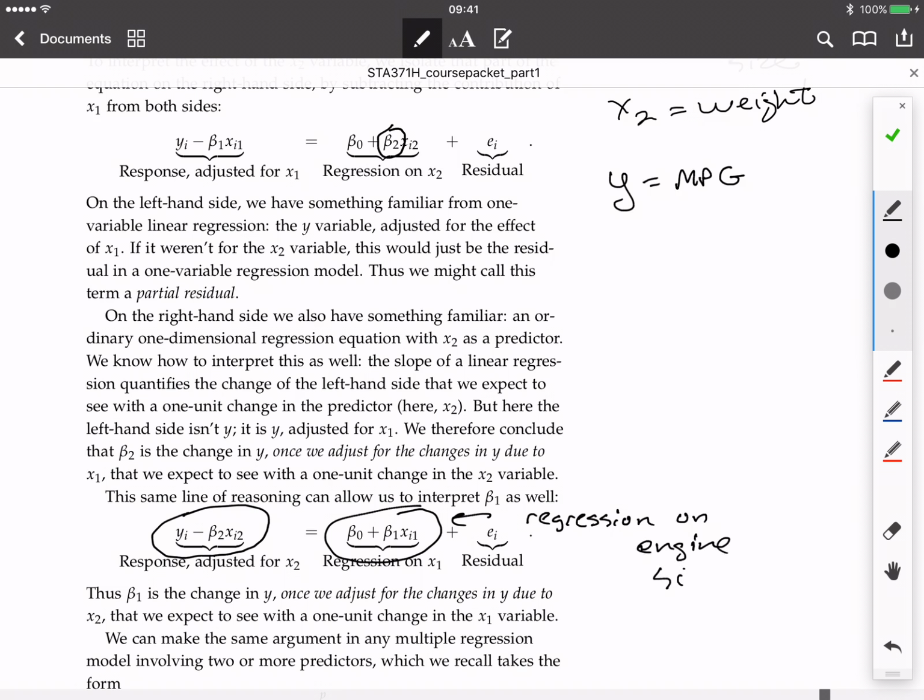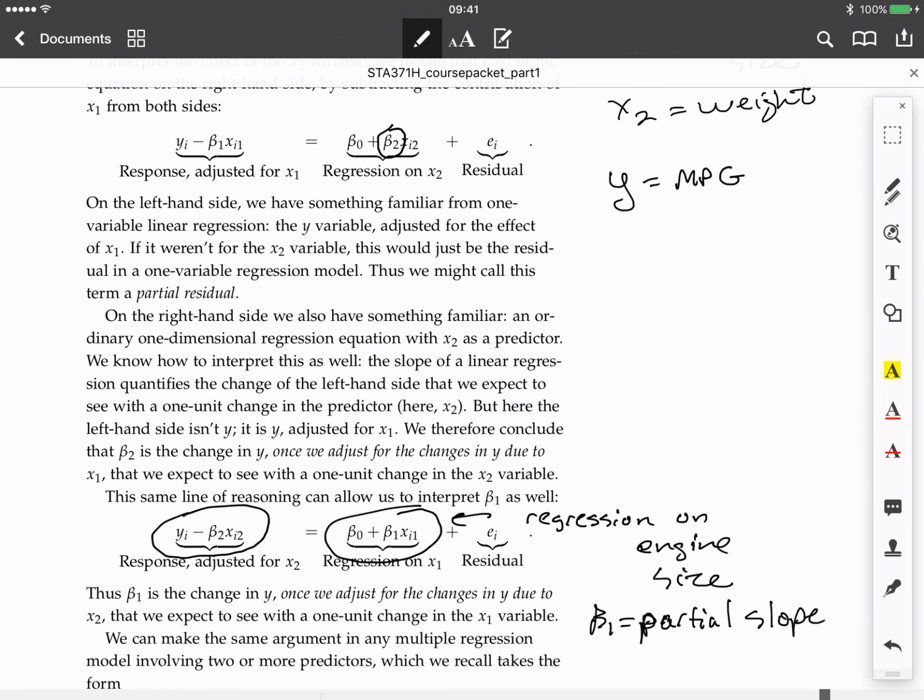Okay, so that tells us that beta 1 is a partial slope. Let me back up there, it's the relationship between miles per gallon as the y variable and engine size as the x variable, holding weight constant.